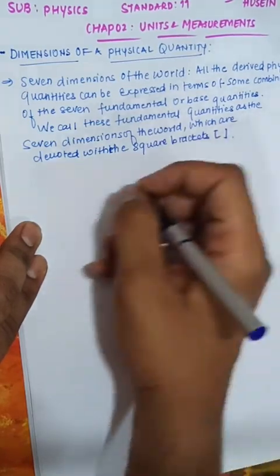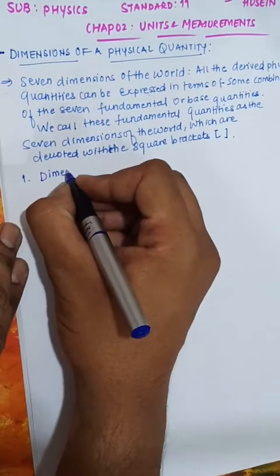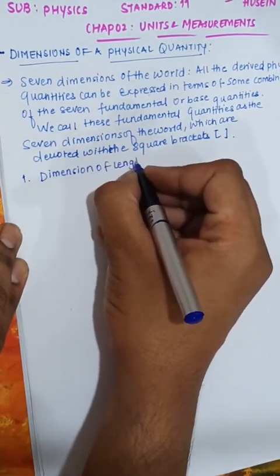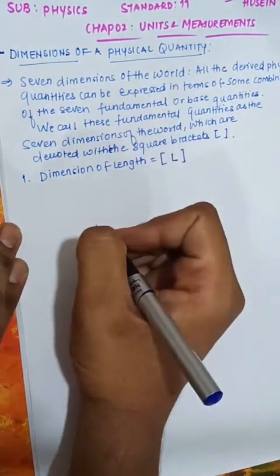The very first quantity that we have seen is dimension of length. Dimension of length will be denoted by the square bracket, inside which you will put L.